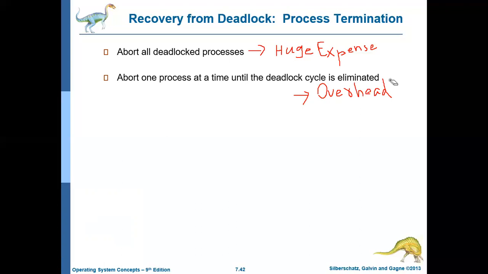They might have partially computed their results, so now they have to give up everything, and all the processes should restart. The second method says abort one process at a time until the deadlock cycle is eliminated. But this method comes with an overhead, because after aborting each process, the deadlock detection algorithm should be executed again and again to find whether some process is still in deadlock or not.